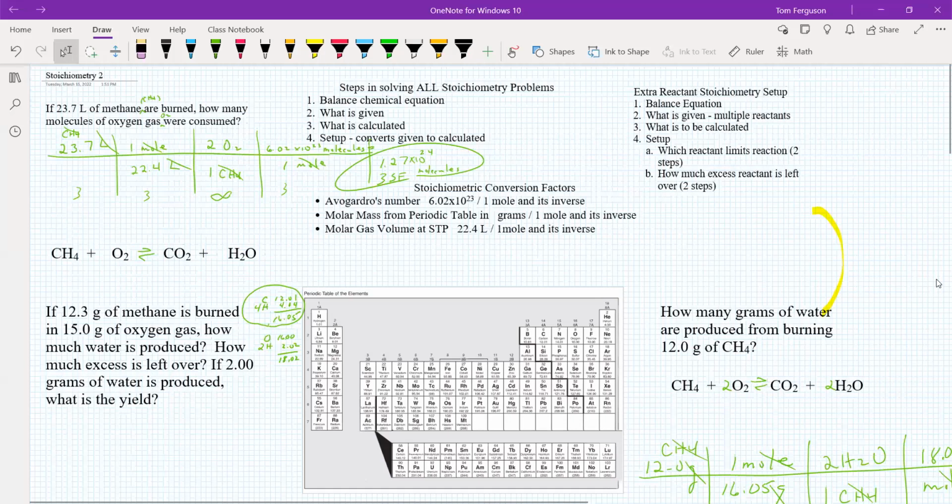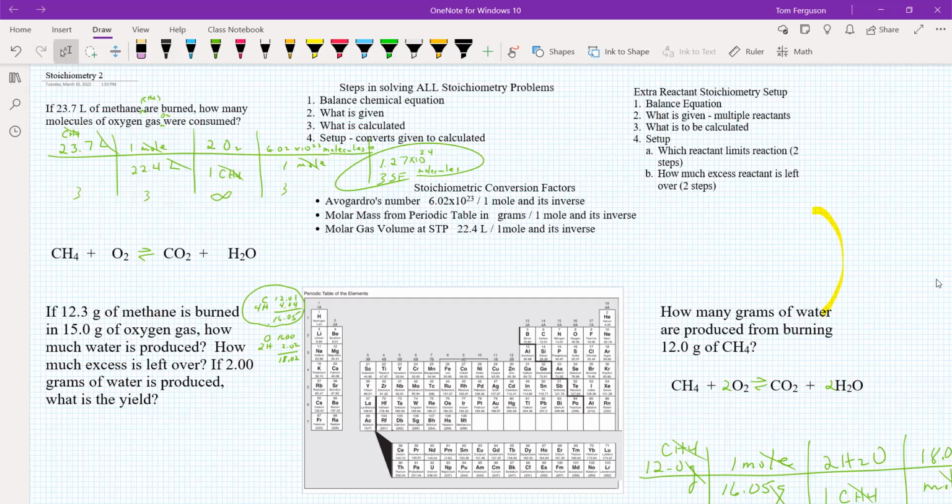So for the test, I'm expecting you to know these 3 conversion factors. Avogadro's number, 6.02 times 10 to the 23rd, 22.4 liters per mole for any gas, and then the molar mass from the periodic table. Those 3 you need to be comfortable with on this test.